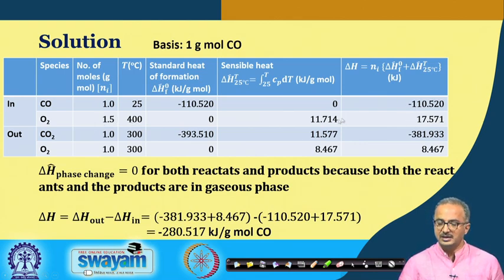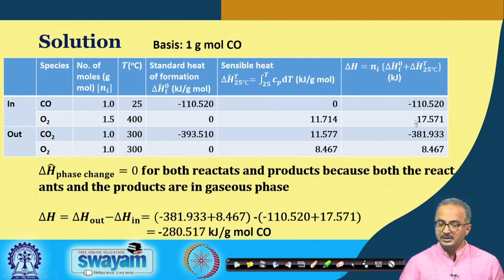After that we see that these values get modified, especially for oxygen, where this value gets modified to this value. For the rest of the components the values remain unchanged, because the number of moles for them is 1. Now, in this case, as I told you, the change in enthalpy due to phase change is taken to be 0, because both the reactants and the products are in the gaseous phase.